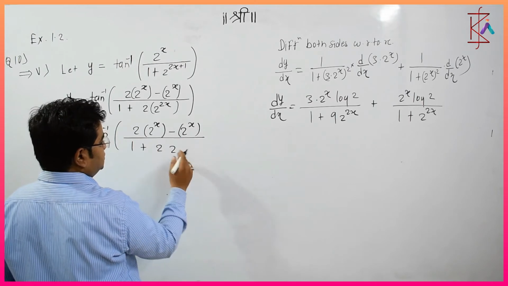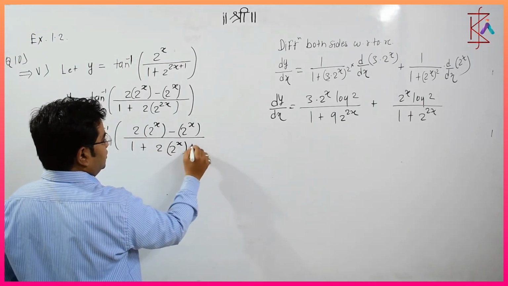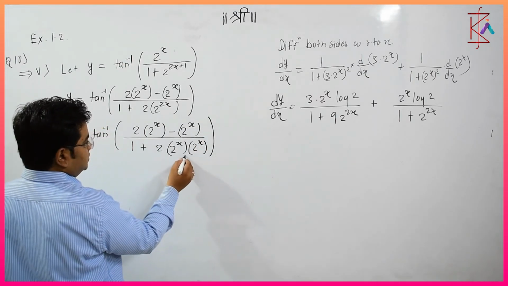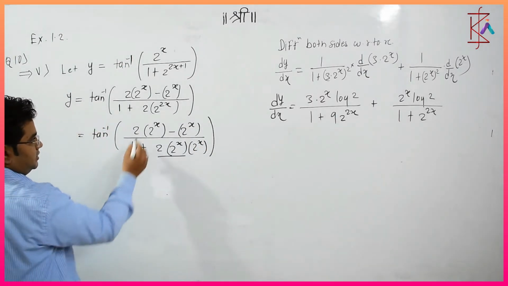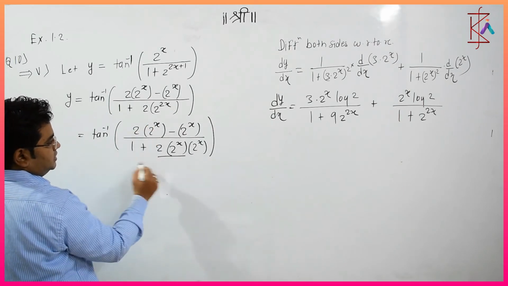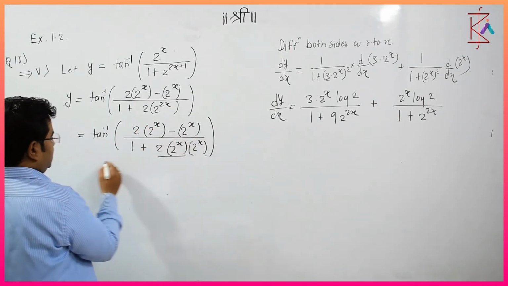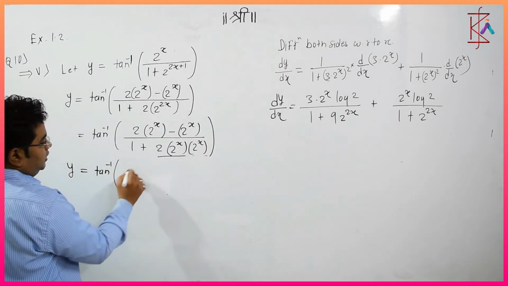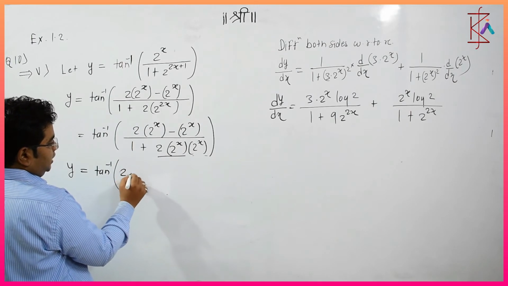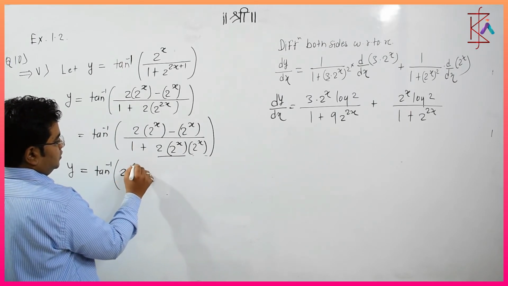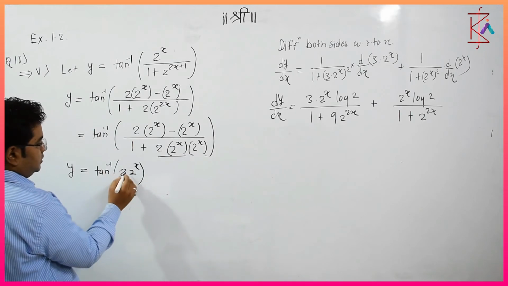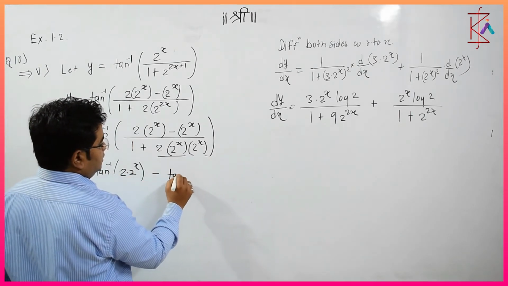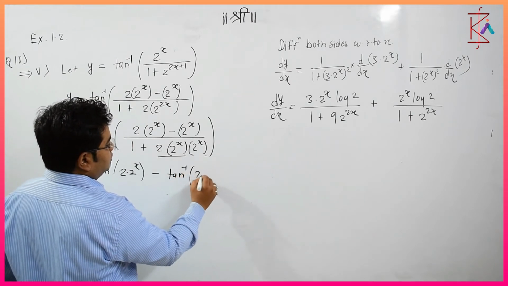So that 2x is split in this term. 2^x, as you can see, this is what we required as x, and this is our y, this is also y. So we can split it. So y is equal to tan inverse of 2·2^x minus tan inverse of 2^x.